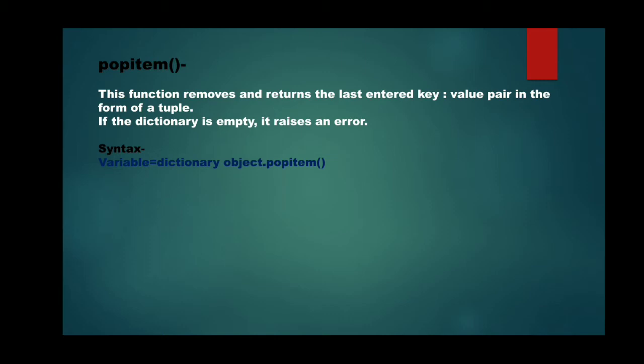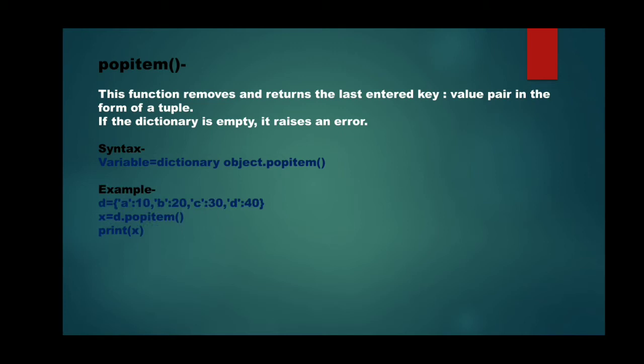The syntax of this function is variable is equal to dictionary object dot popitem. Now this variable is going to contain a tuple containing the key and value which is being deleted. And which key value pair will be deleted? The one that is inserted last. So let us understand it with the help of an example.